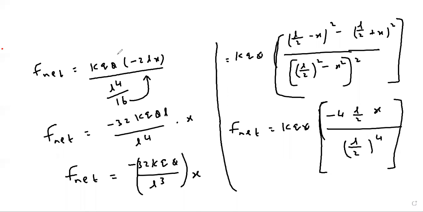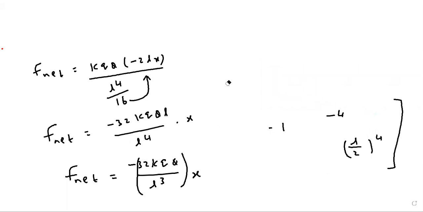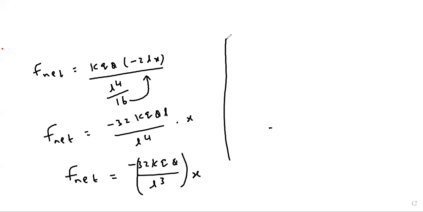The SHM concept is that F net should be equal to minus Kx. That is the standard equation for SHM. So after calculating this F net, we got F net is equal to minus 32 KQQ by L cube into X. Now clearly this is in the form of F net equal to, here in the bracket all are constant terms, simply you can write minus Kx.